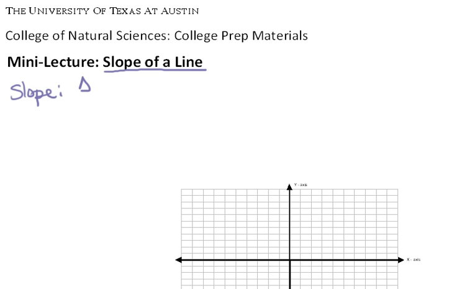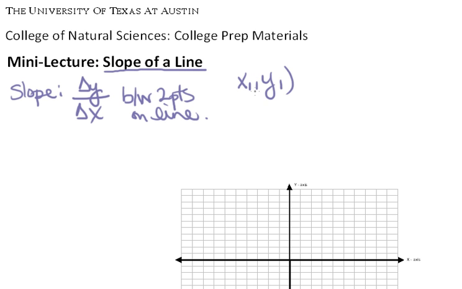It is the change in the vertical direction over the change in the horizontal direction x between 2 points on a line. And so you could have any 2 points, let's just say x1, y1, and x2, y2. You would find the slope.